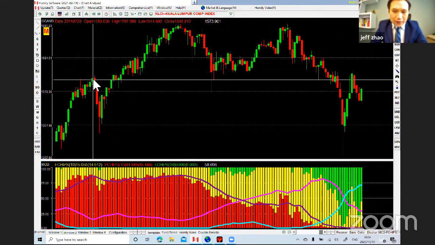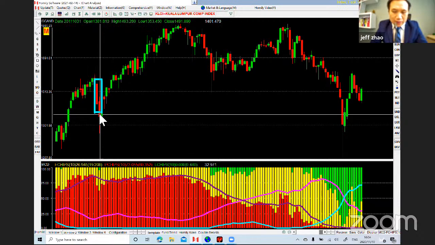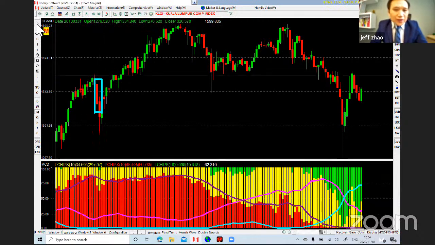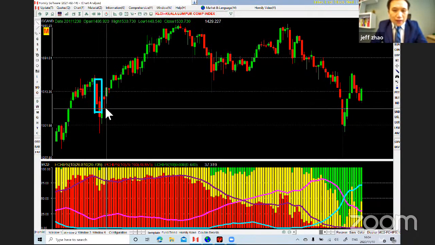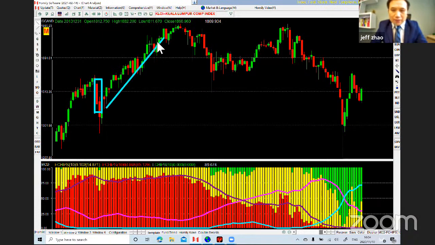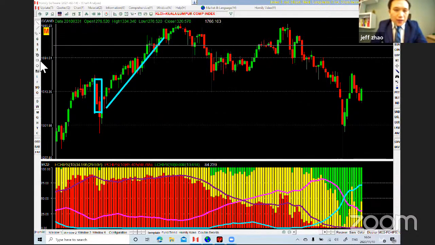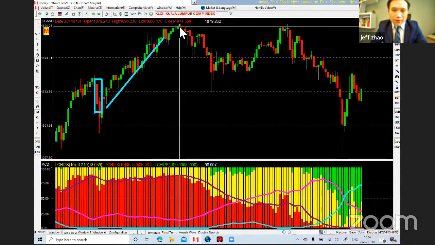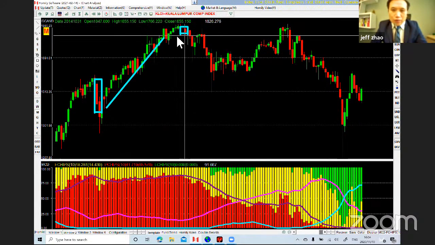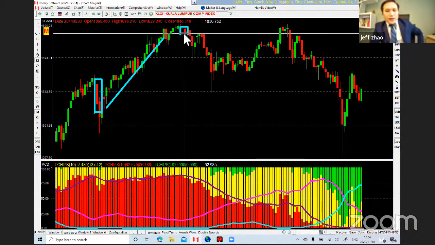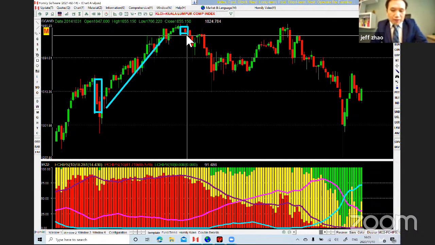This is the first time you see the three candles appear together, and then you can see the market goes up a lot. The second time is here, when the market went down for 3 months. One candle stands for 1 month, so after 3 months of candles, the fourth month goes up.